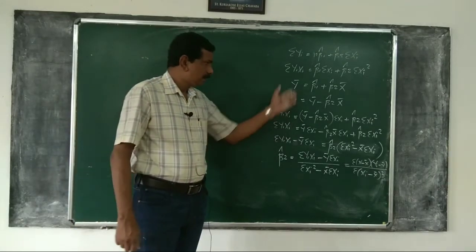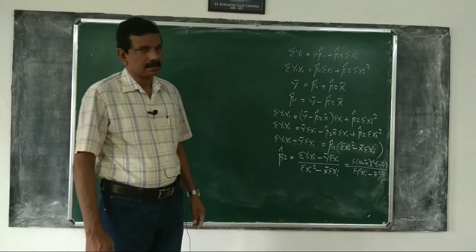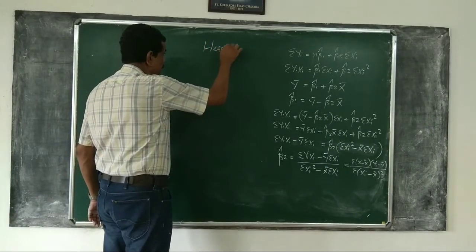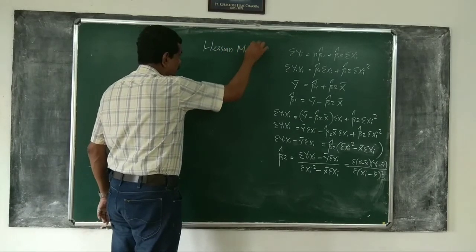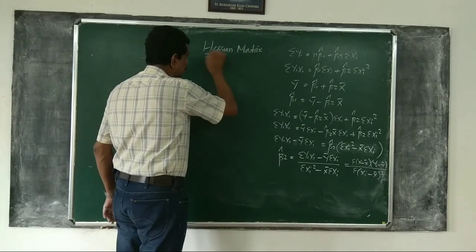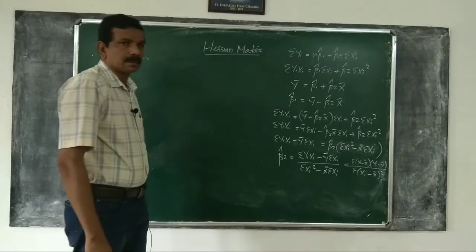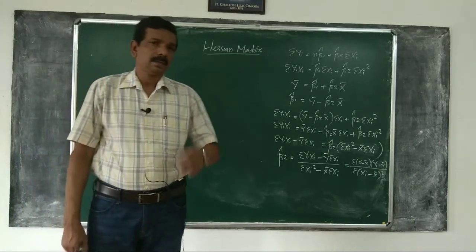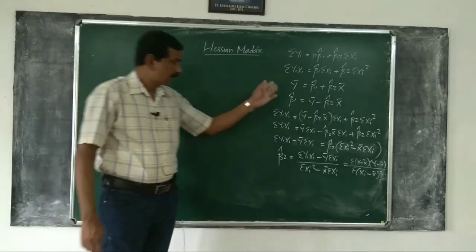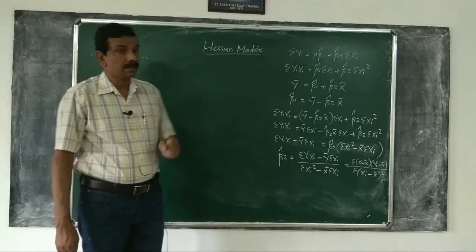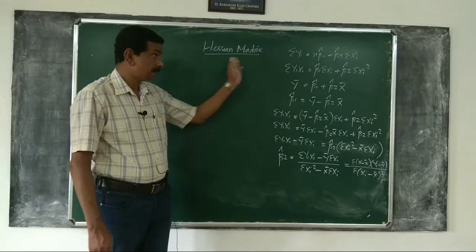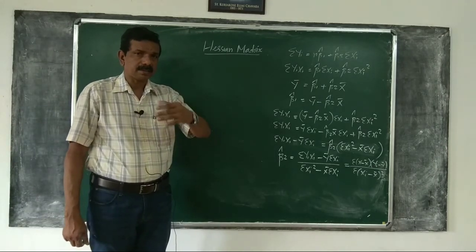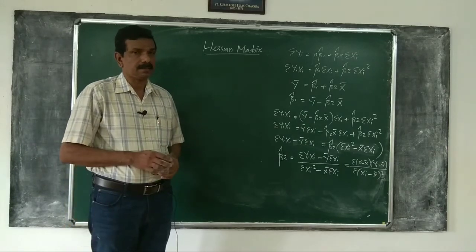To derive the second order conditions, we have to use the Hessian matrix. If the Hessian matrix is positive definite, then we say that the second order condition for minima is satisfied.